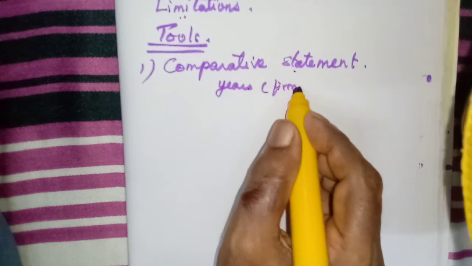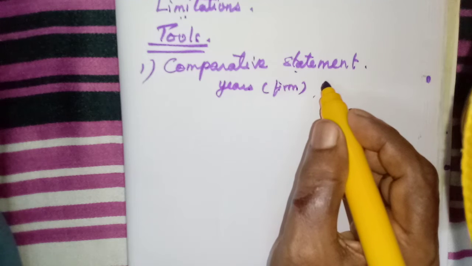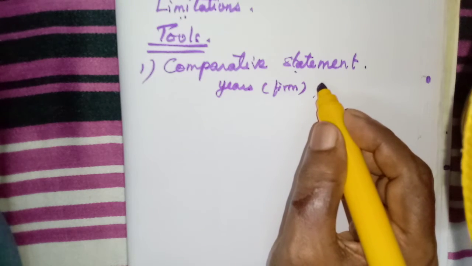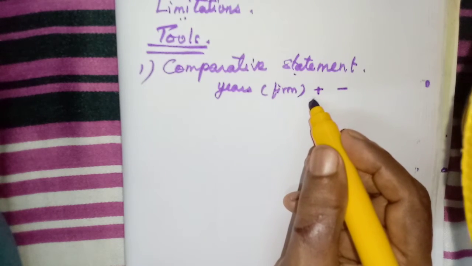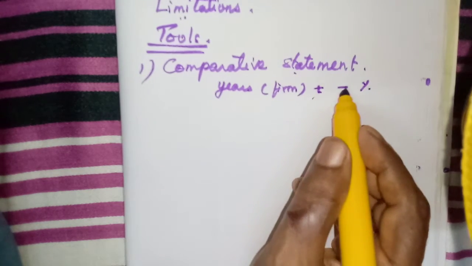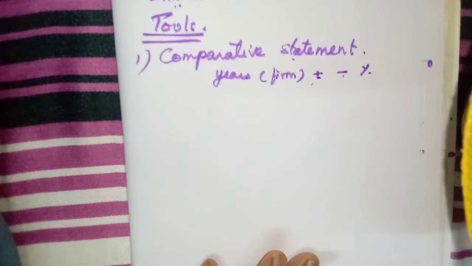Two years or three years will be given. We need to write the increase or decrease with the sign, plus or minus. Then we need to calculate the percentage of increase or decrease. That's all. It is very simple.